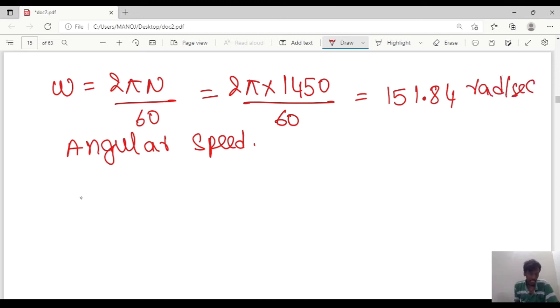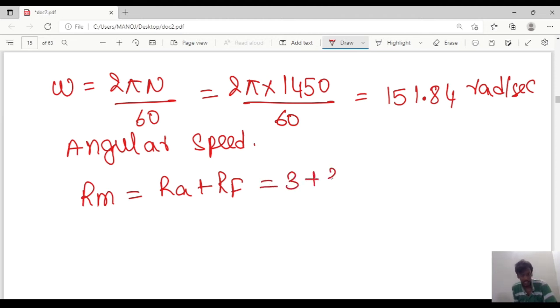And we have to calculate the motor resistance, Rm equal to Ra plus Rf. Armature resistance is given as 3 ohms and field resistance is 3 ohms, so the total motor resistance will be 6 ohms.